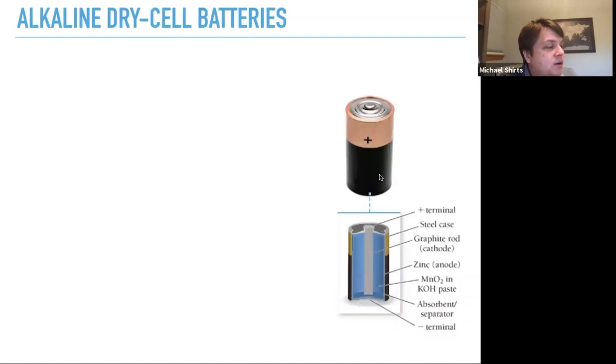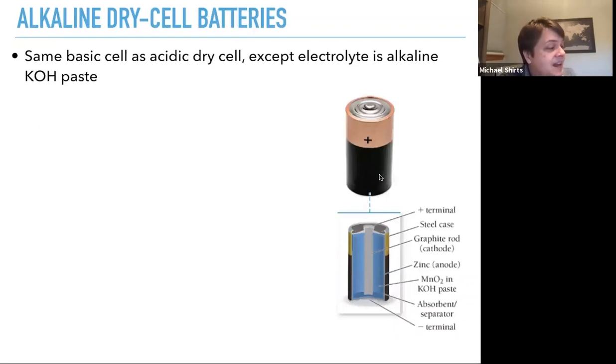A little more common are alkaline dry cell batteries. And remember, the electrolyte of the acidic dry cell battery is an acidic salt. In this case, it's the same basic cell, except the electrolyte is alkaline, a potassium hydroxide paste. So the setup is pretty much the same, except the manganese oxide is in potassium hydroxide paste.